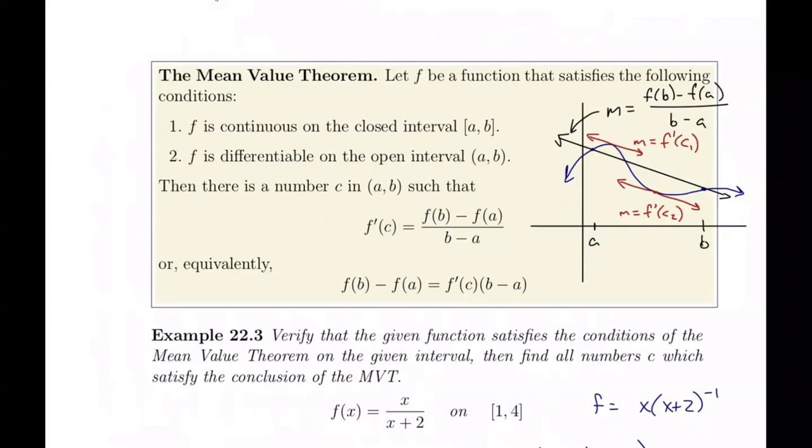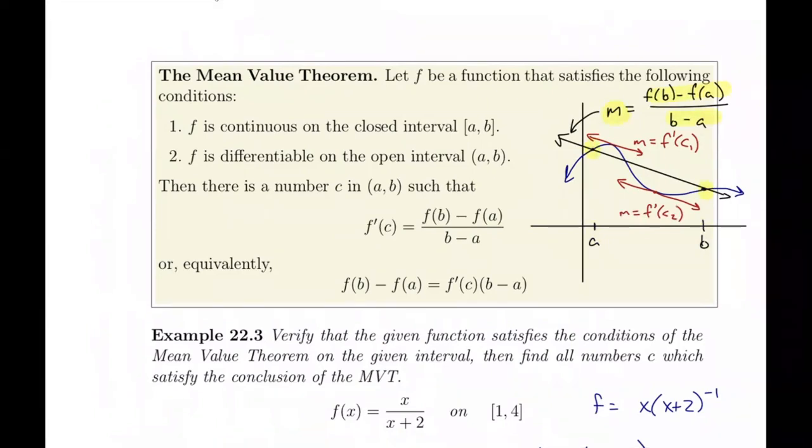So if I consider f of a and f of b, right, our endpoints, a, f of a here, b, f of b on the right, these are these two points. If I talk about f of b minus f of a over b minus a, what am I actually calculating? That's the slope. It's the change in the y values of these points over the change in the x values.